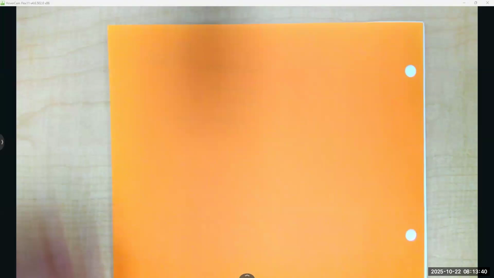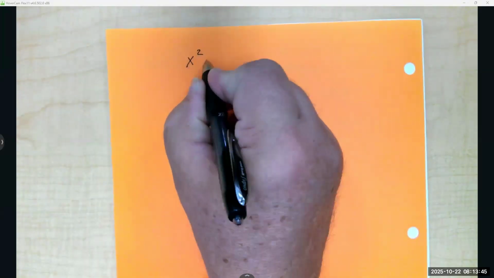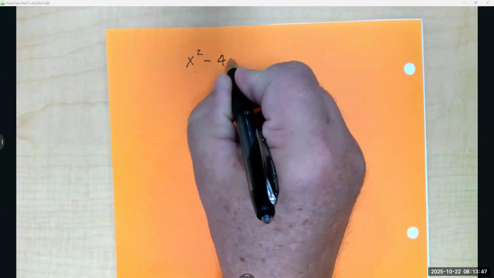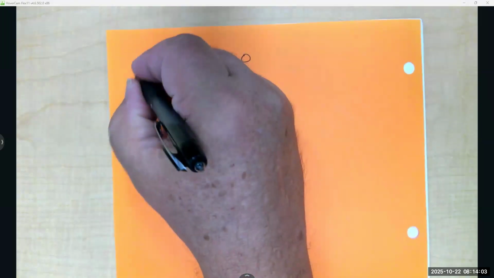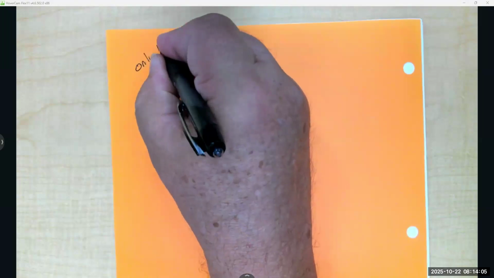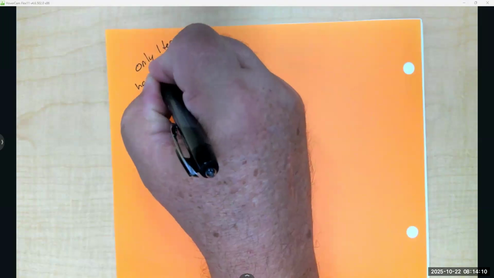Next, if we have two terms and only one of them has an x, it's still a binomial, but only one term has a variable.